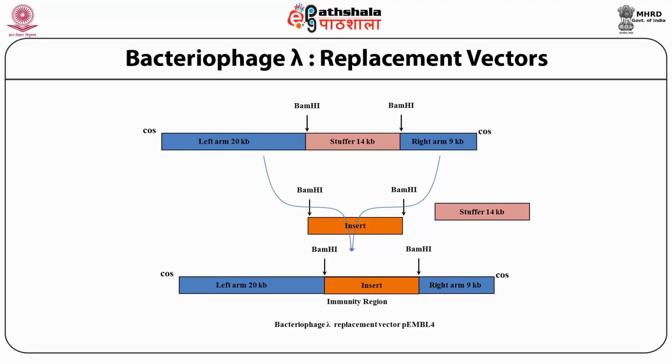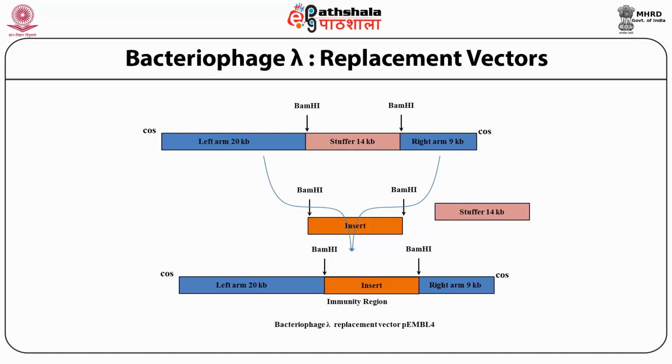The bacteriophage lambda cloning vector has a middle segment responsible for insertion and excision, called the IE region, and this region can be replaced by a foreign DNA with the help of two BamHI sites present on either side of the IE region. Hence, in the cloning strategy described in the figure, foreign DNA can be put into the vector and then allowed to infect the bacteria.